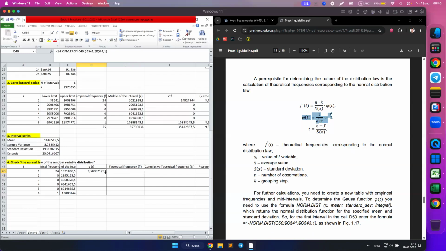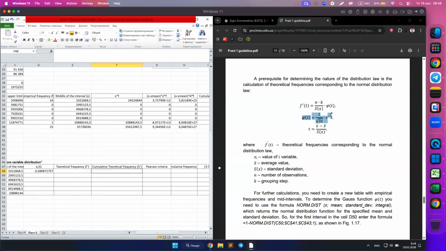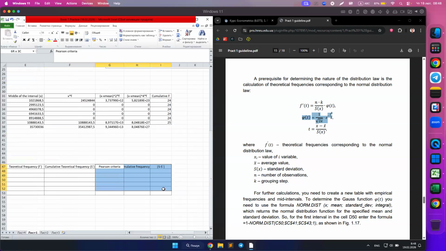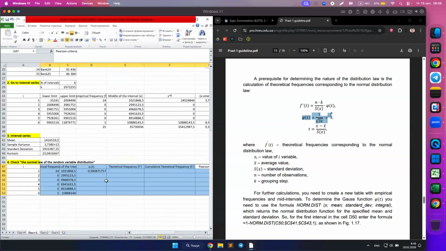So we found this value here, and after that this value can help us to achieve our final values. So it's an additional value, of course, and we create this formula in the other cells. So we create this phi from t, and after that we go to the theoretical frequency.